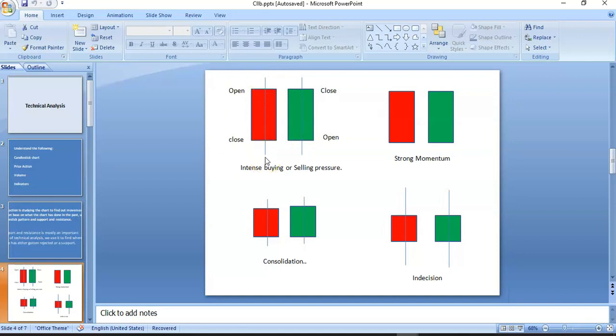A wick is printed when the price of an asset reaches a particular level and then bounces back and didn't get to that level again. Let me use this as an example.